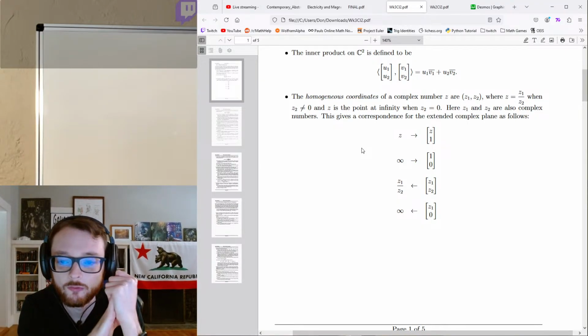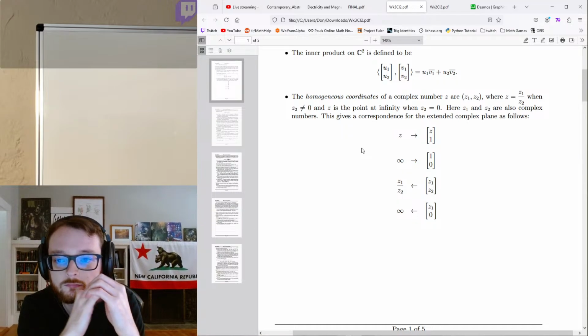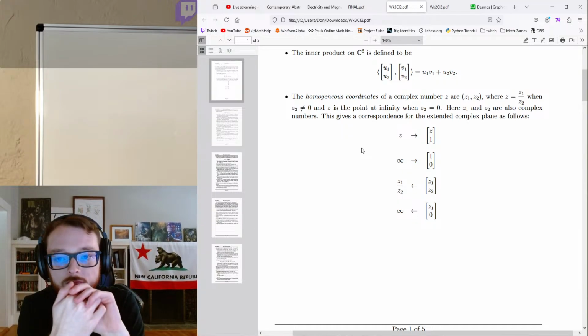Homogeneous coordinates. Z1 over Z2 when Z2 is not 0.